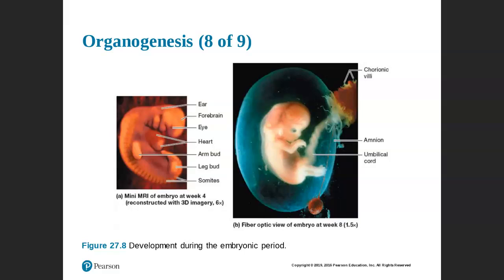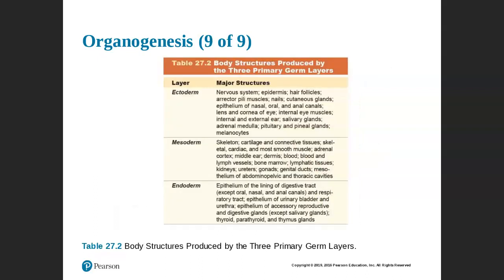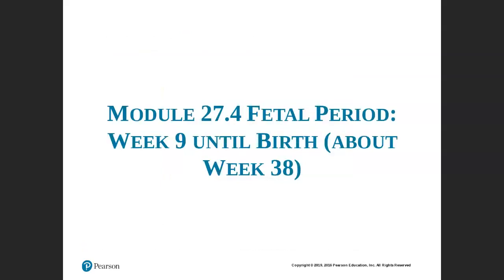You can see the arms, the fingers, the eyes, and the limb buds. In the embryo at 3 weeks, you can see the forebrain, midbrain, and hindbrain. Ear. So ectoderm, endoderm, and mesoderm.